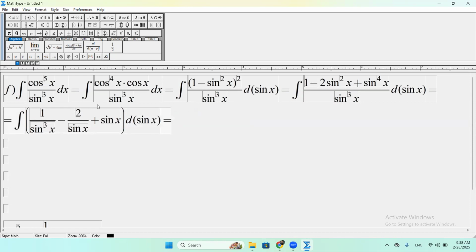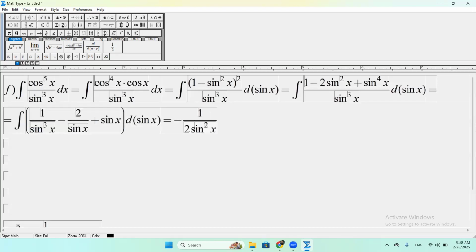So now we can integrate everything. So sine of x is under differential. So let's finish it. So minus 1 over 2 sine square of x.